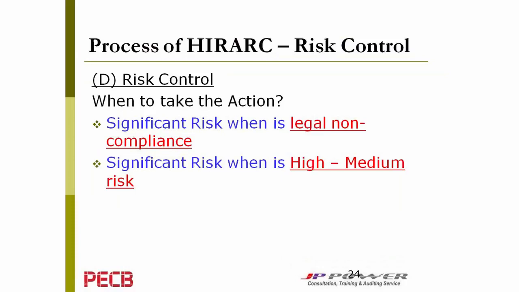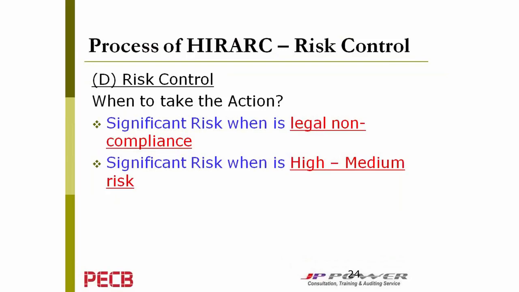For example, during the assessment, if we find a violation of PPE, where workers are found not to be using the PPE, this is deemed a violation of the law. In Malaysia, for example, we have regulations that require employees to use the PPE.